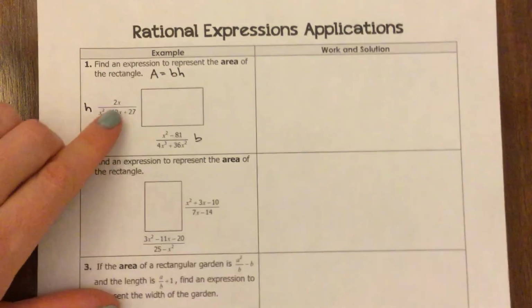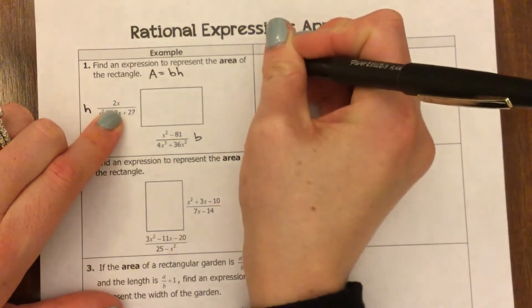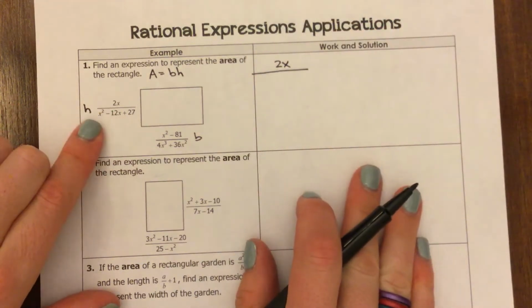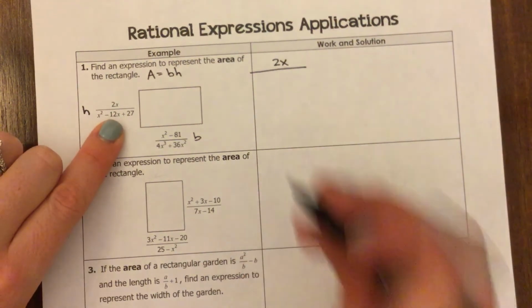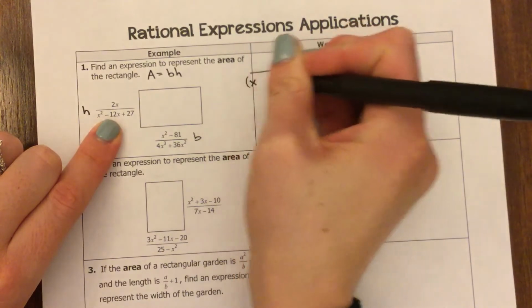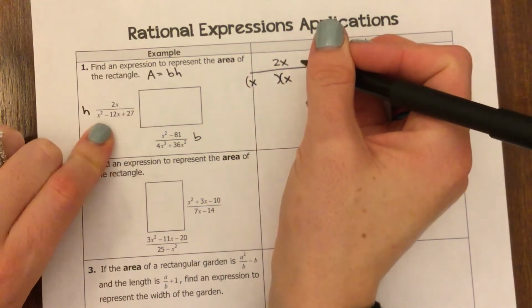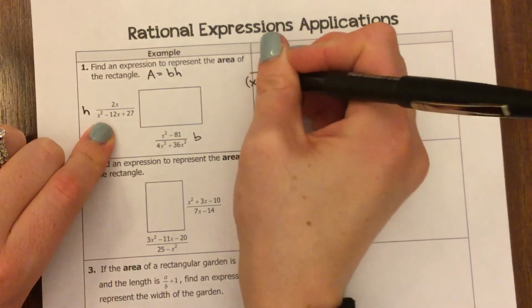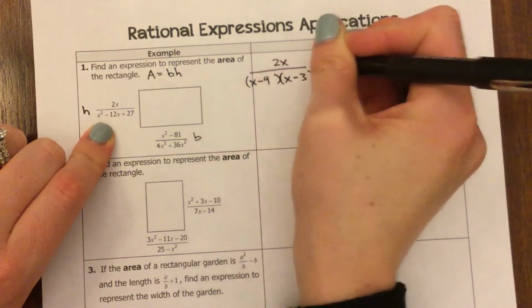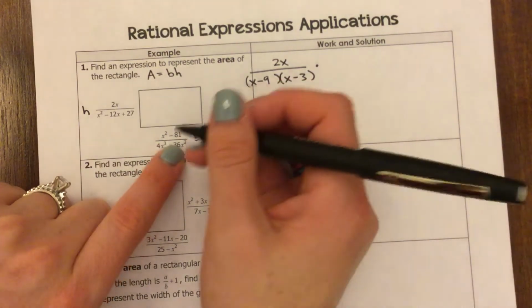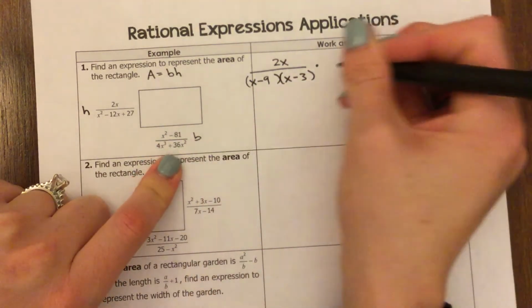Our first numerator is a 2x, and it doesn't factor down anymore. This denominator, x squared minus 12x plus 27, can factor down. For the x squared, I'm going to start with x times x, and then multiplying to 27 and adding to a negative 12 would be minus 9, minus 3. Then multiplied by this, the numerator is x squared minus 81.